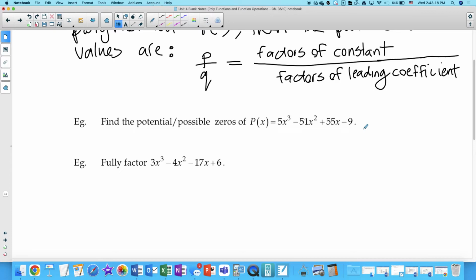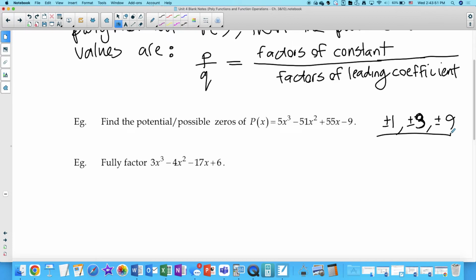If you have +9, you could get there by multiplying two negative values. So what are the factors of 9? Yeah, plus or minus 1, plus or minus 3, or plus or minus 9. Over what are the factors of 5? Plus or minus 1, plus or minus 5.